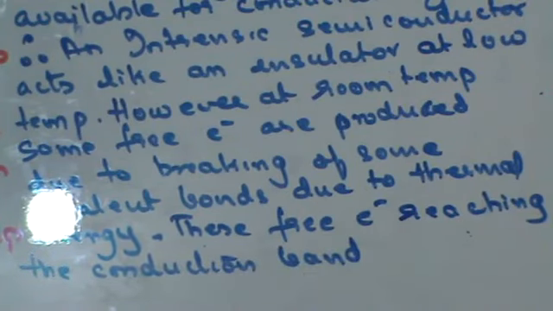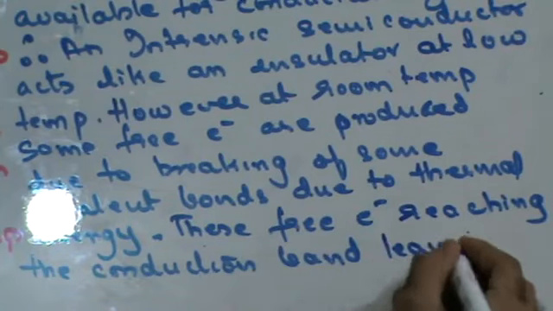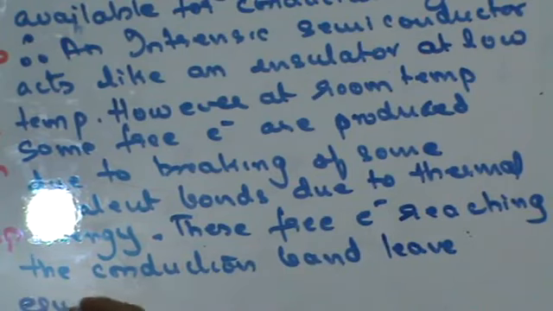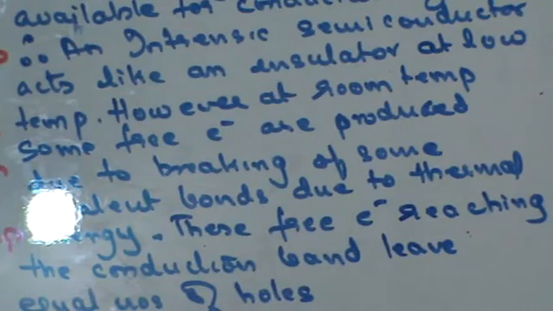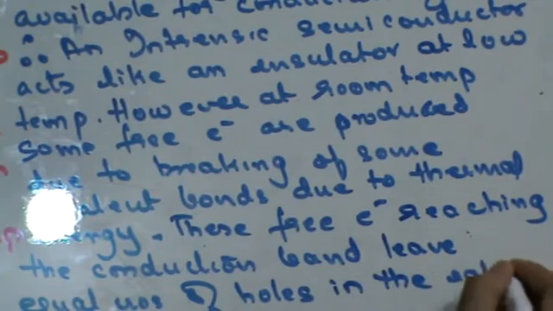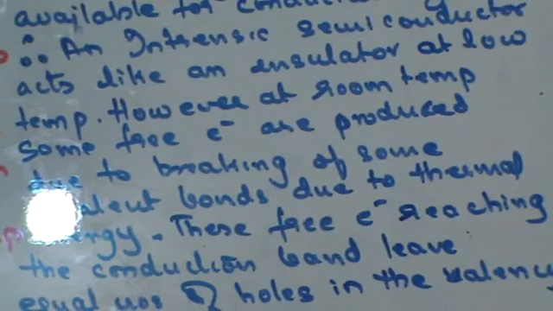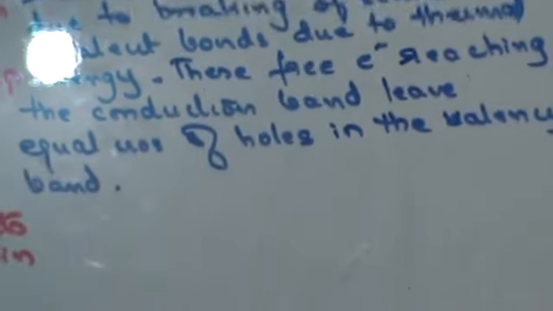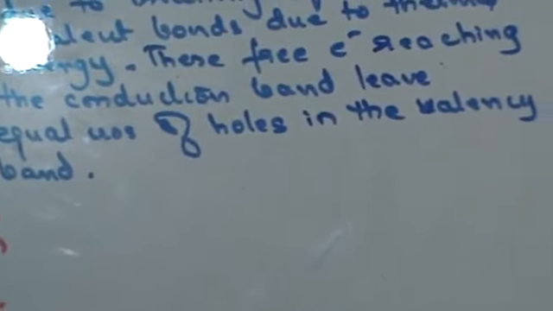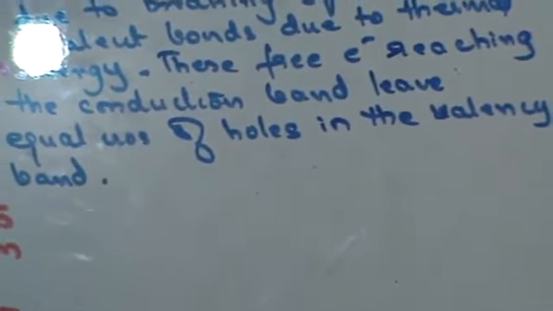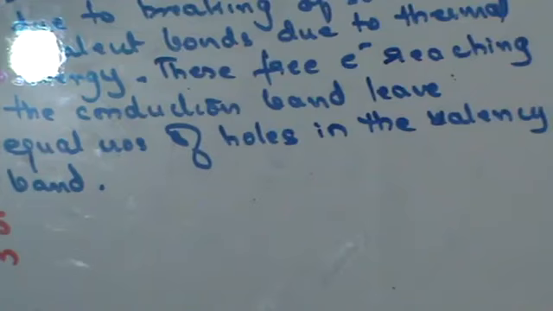These free electrons reaching the conduction band leave an equal number of holes in the valency band. Therefore, in an intrinsic semiconductor, the number of free electrons is equal to the number of holes.